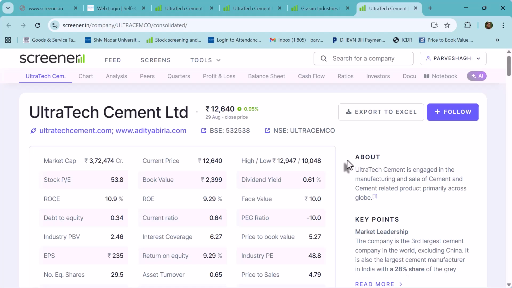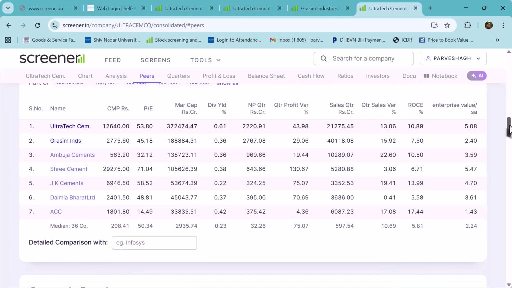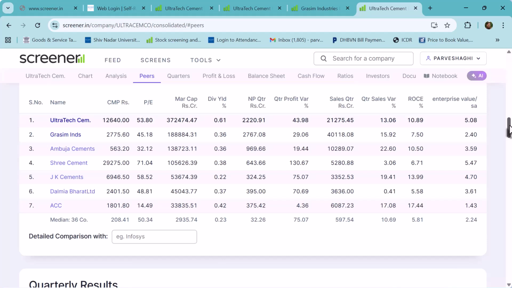Now, if you look at the peers here, you will find that the median PE ratio is about 40 to 50. So on a plain reading, Ultratech looks costlier compared to the industry. Grasim is just a number appearing, but we have to exclude Grasim because it's not a cement manufacturing company.